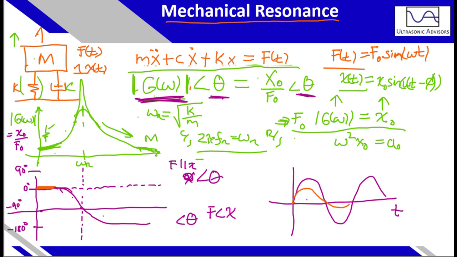But as you increase in frequency, and let's say you get toward your resonance point, you'll be at negative 90, which in this case means that the forcing function is lagging the output.